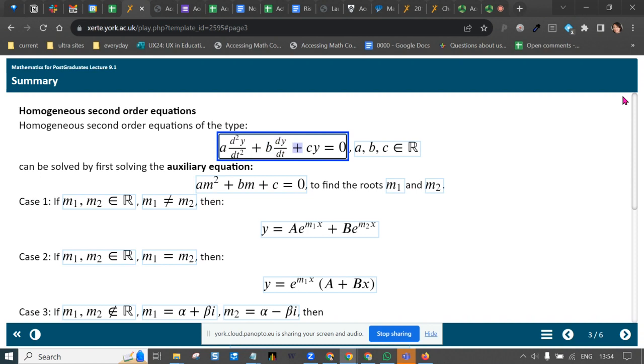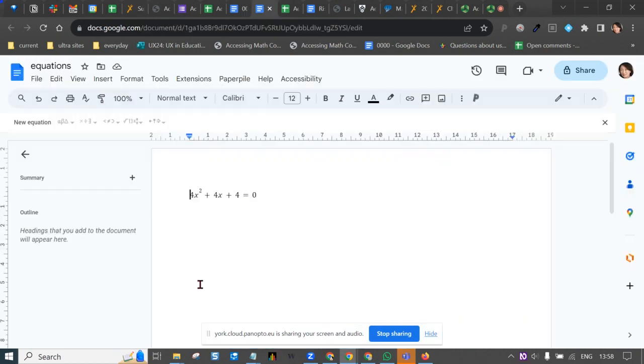Right arrow. Plus. cy. And then at the end of that expression I have to zoom back out. a start frac d squared y over dt squared end frac plus b start frac dy over dt end frac plus cy. Then I can go right arrow. Equals 0. Okay, so you get a clear picture of the structure.